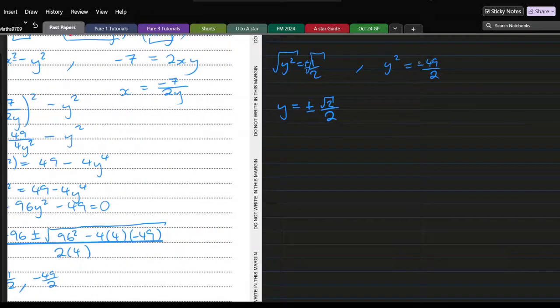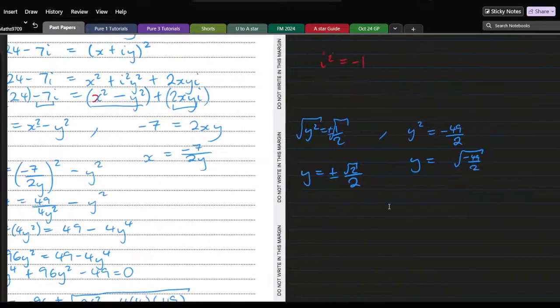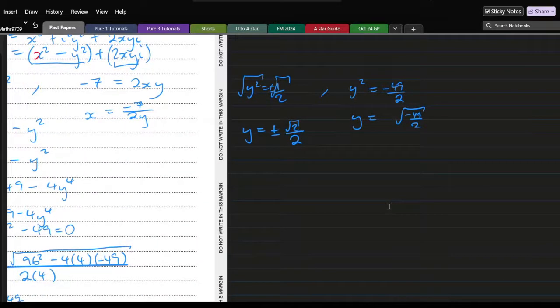And from this equation, we can tell that y squared is giving us a negative number. This means that y equal to root negative 49 over 2 would actually give us imaginary values for y. And in this case, we know that our x and y should be real values. So we can ignore that solution because it gives us no real solutions. So you can just write y equals no real solutions. It gives us imaginary solutions.